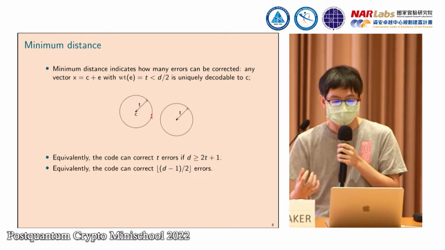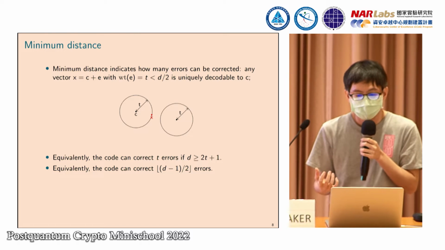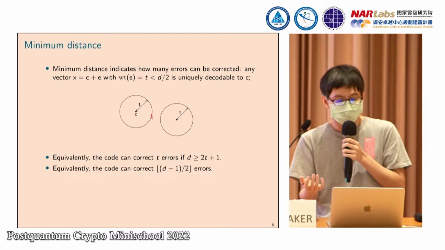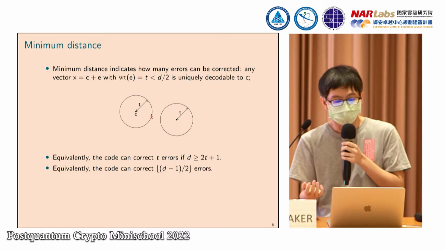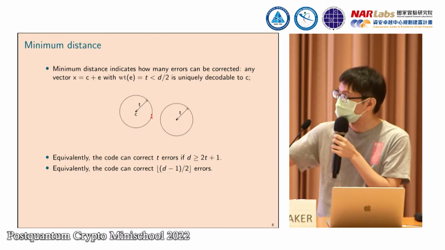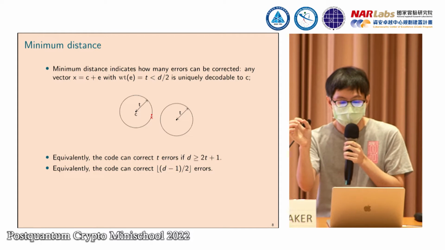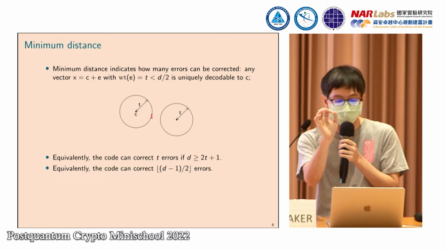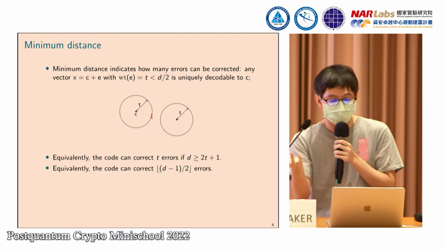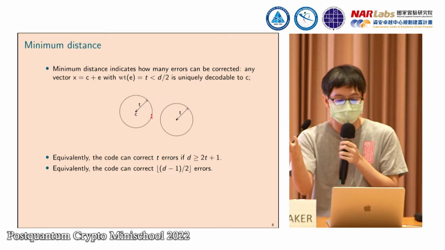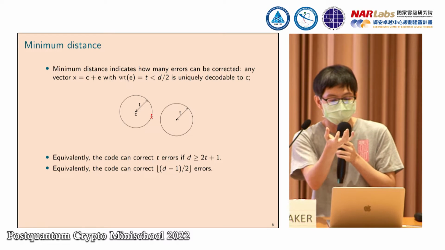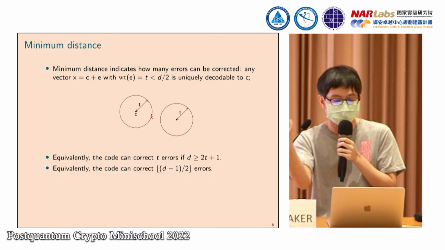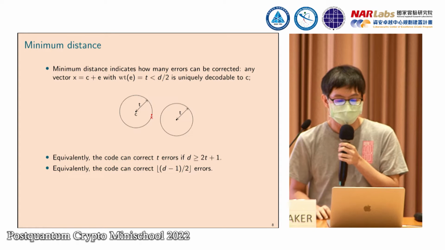But you can consider the opposite case. For example, if you have t equal to d over 2, then you will see that this vector x will lie in the middle of two codewords. In this case, you don't really know which one. You cannot say this one's the closest, because there are two solutions.